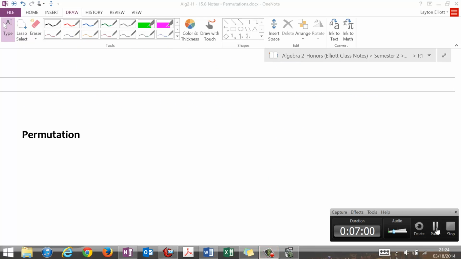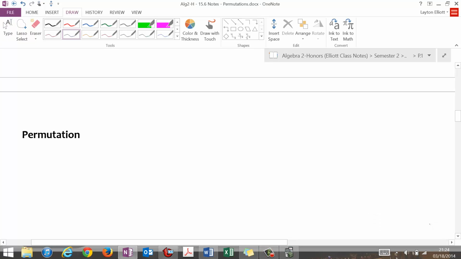So a permutation. This is kind of what this math is leading into. A permutation is defined as an arrangement of elements in a set in a definite order.